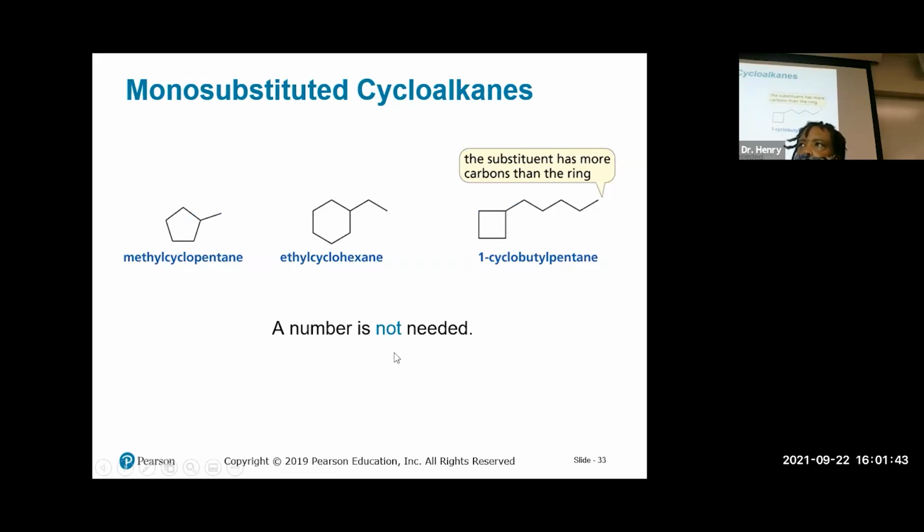Okay. So if there's only a single substitution, you don't need the number, right? Or you could just say, this guy is 1, because it's always going to start on the 1 carbon. So this guy here is called 1-cyclobutylpentane, you have your cyclo ring, your butyl, and then you have your pentane ring.